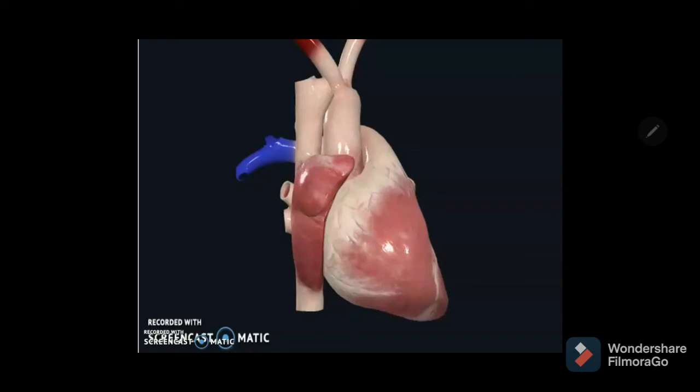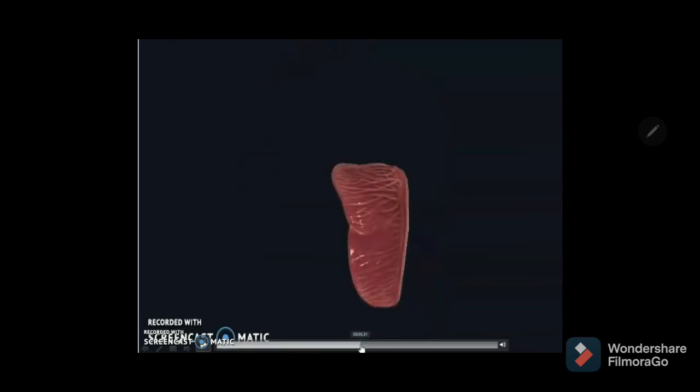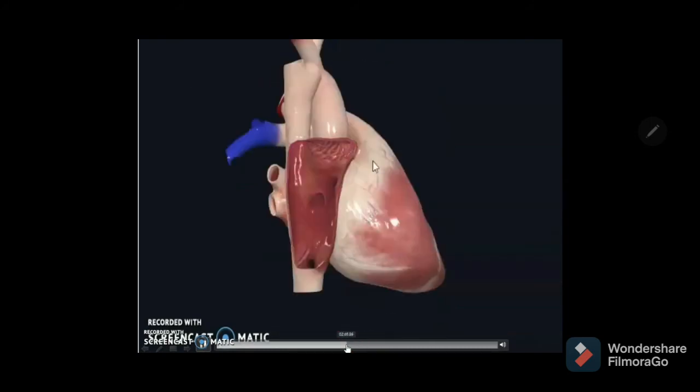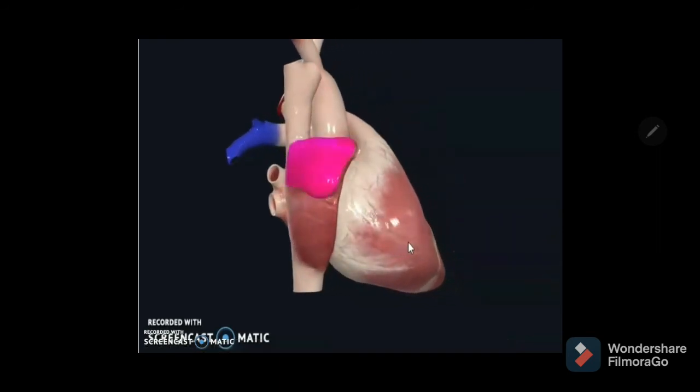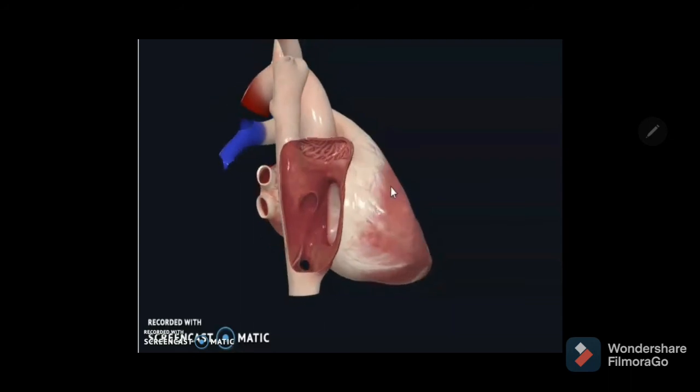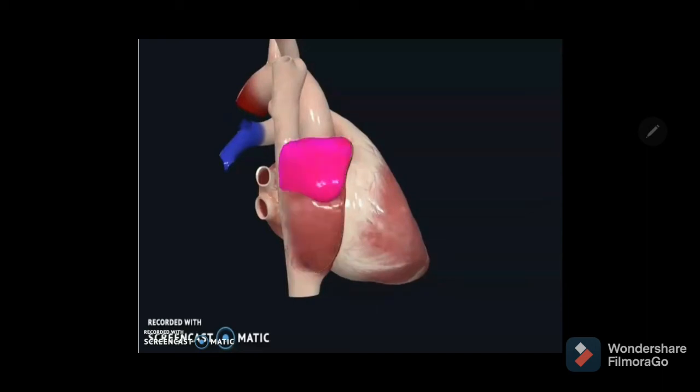When you notice the interior of the right atrium, you already know this is the anterior rough part that you are seeing here. Once you open along the right border of the heart, or sulcus terminalis, the same thing is called the crista terminalis in the interior of the right atrium. Once you cut open the anterior flap, you are seeing the posterior smooth part and the anterior rough part.